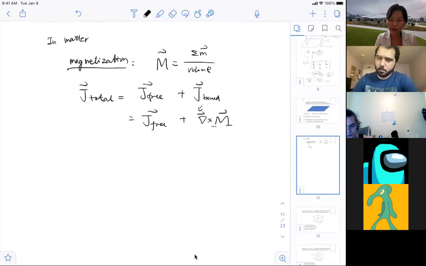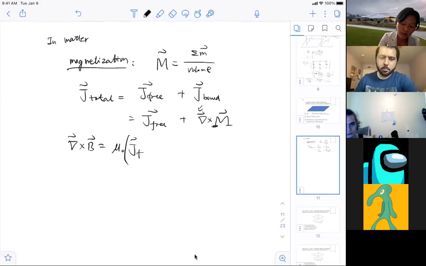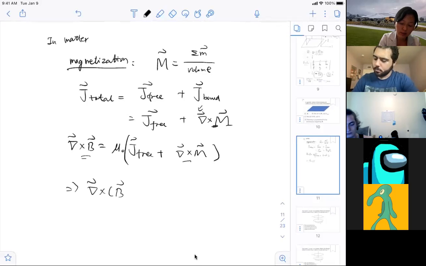So that was our chapter 6, right? We had done that previously. So this equation has changed its format, mu naught J. J is now free plus bound. So the curl of B, so I'm going to put the curl together, minus mu naught M is equal to mu naught J free.